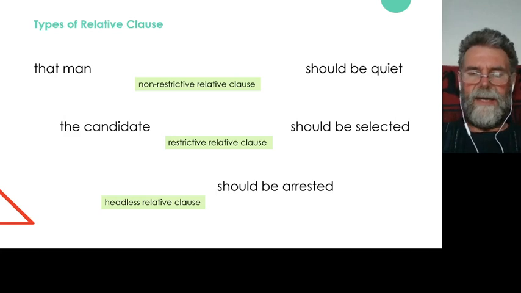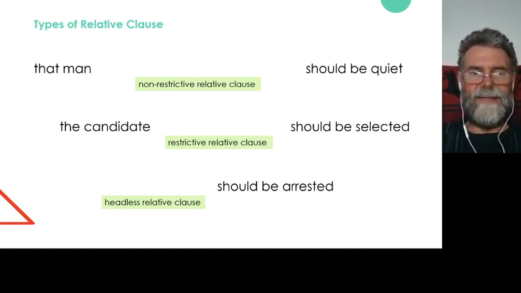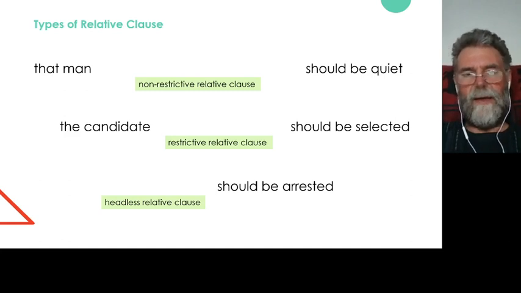So again, that shows us that the restrictive relative clause plays a more important semantic role than the non-restrictive relative clause does. Finally, the headless relative, given that that is the whole thing that determines who is being referred to here, clearly that can't be omitted. That would just be like omitting the whole subject of the sentence, and you just get should be arrested there.